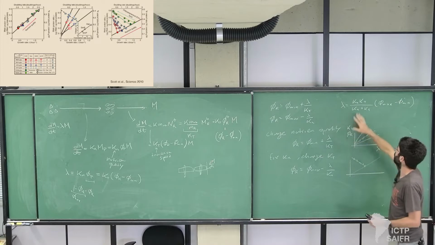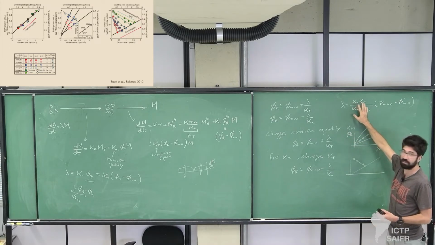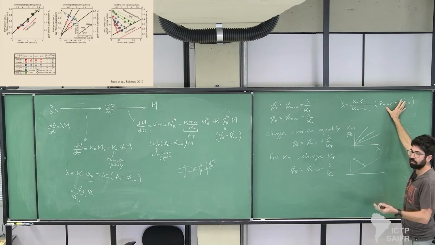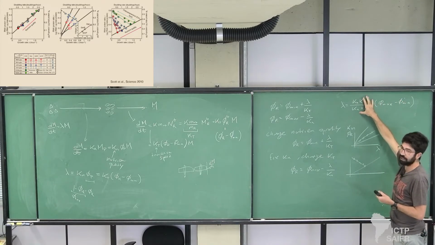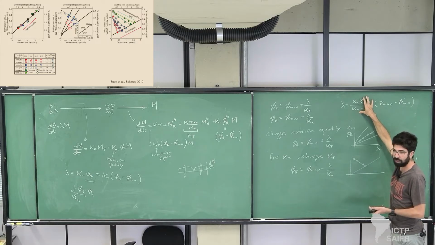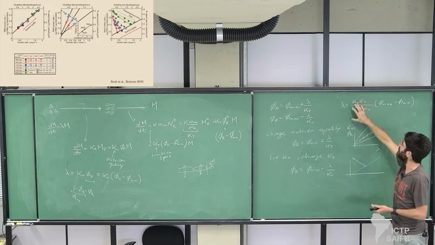So you see that this function is an increasing function. It's something which is the maximum range at which you can change the ribosomal sector. But then it depends on the combination of nutrient quality and your ability to translate, your translational capacity. So how good is the cell at making proteins, basically. Okay? And you have this combination.